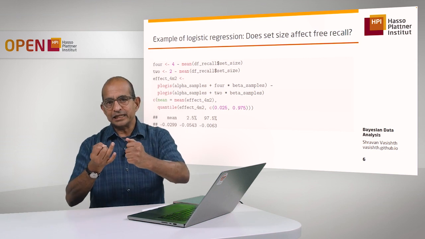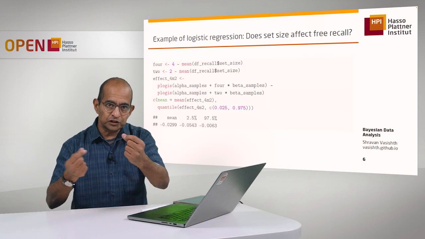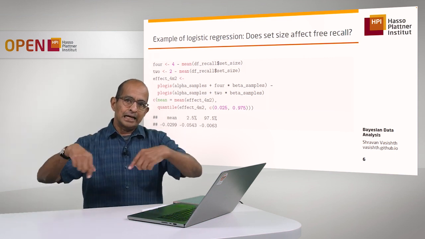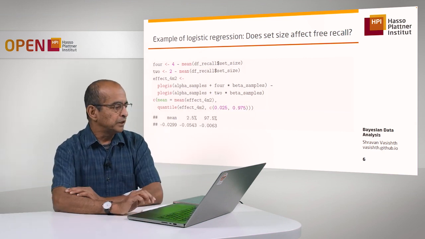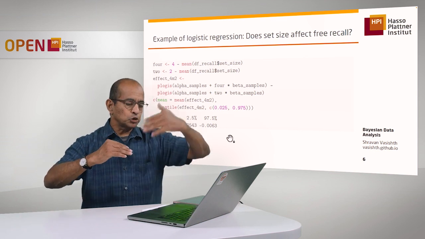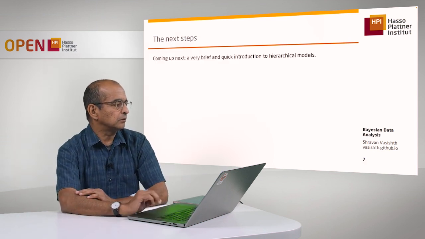And I need to just plug in the particular differences that I'm interested in, right? The particular values for set size that I'm interested in, centered, of course, right? And then I can just compute the probabilities. So this is the change in probability as I go from set size 2 to 4, for example, right? That's a very useful quantity to know now.